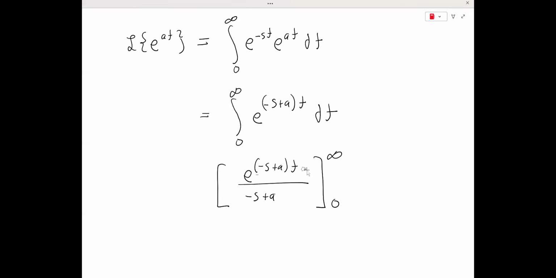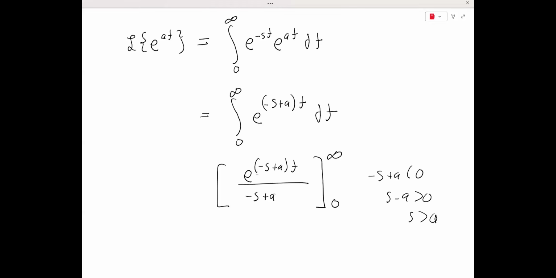Wait a minute, I've got to think there for a minute. I need negative s plus a to be less than 0. If I'm multiplying through by -1, that'd be s minus a is greater than 0. Okay, so s would have to be greater than a.